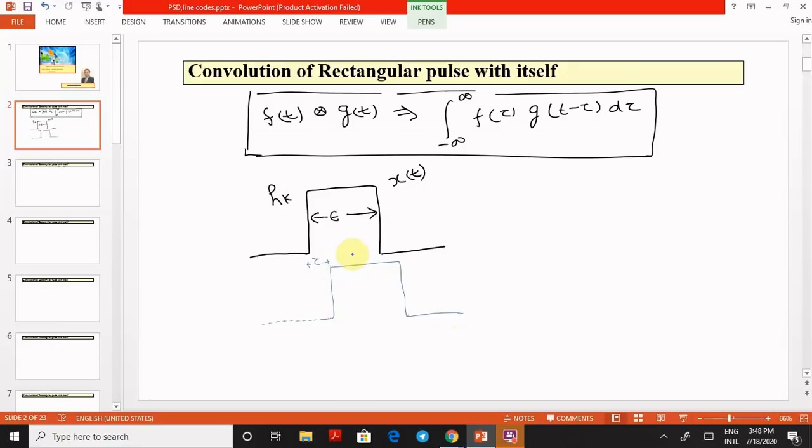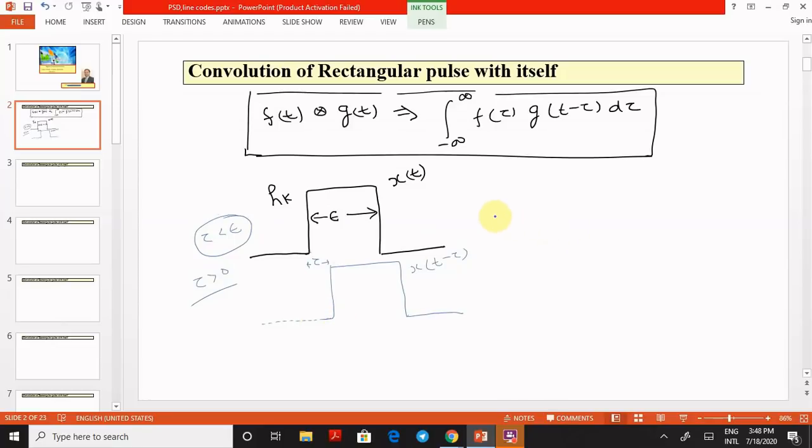This pulse can be named x(t minus tau), because we are shifting our pulse towards the right side, and here the condition is that tau is less than epsilon, number one. The second is that tau is positive. For example, if you consider tau equal to 0, from 0 you are moving to this side, which is the positive side for tau. So tau is positive also.